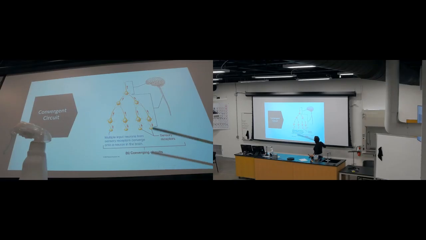In converging circuits, you have input here by multiple receptors, and these receptors send the information into less and less neurons until you reach a particular neuron within the brain. So that's converging.